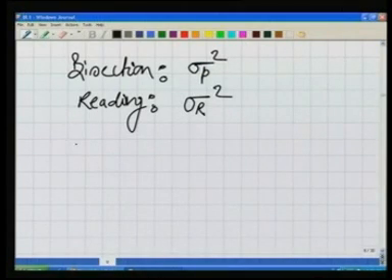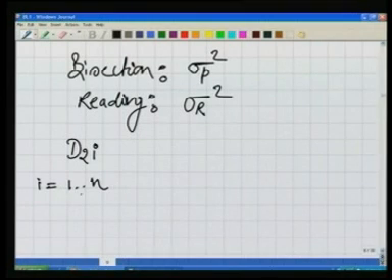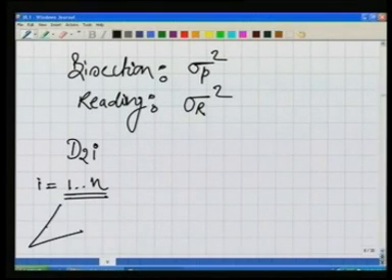If you look at one foreside, D2i, this i varies from 1 to n. The meaning of this is there are n number of observations of the angle. This angle we are observing n number of times. So there are n foresides and n backsides, and this is how we are determining this angle. So this i varies from 1 to n.